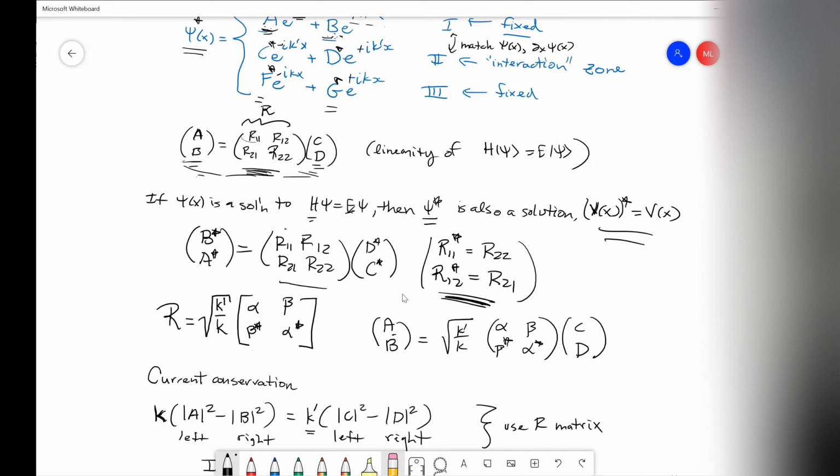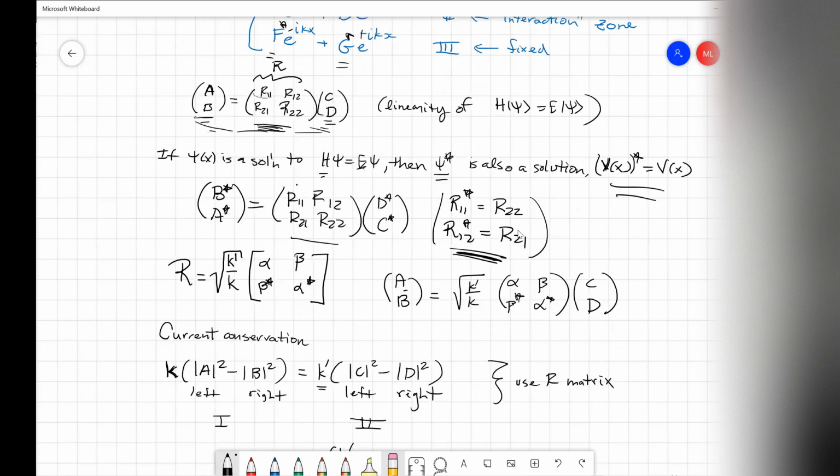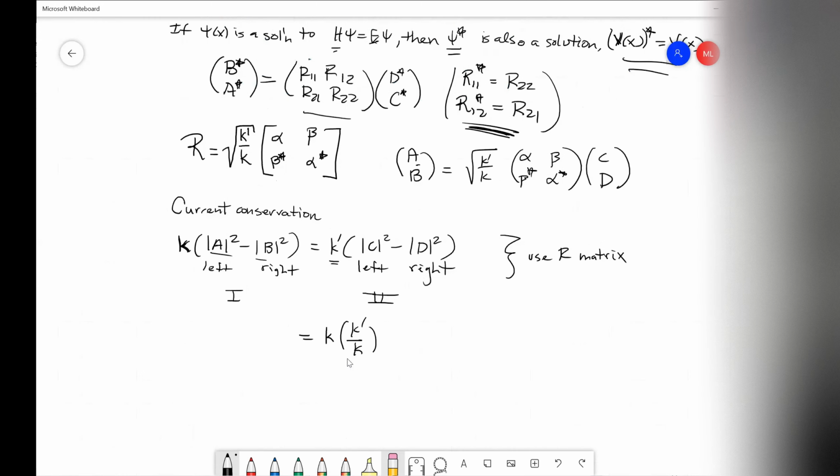It's the top row, so it's C times alpha plus beta times D, and then it's the whole thing squared. So you can use the R matrix here to replace A and B with C and D.